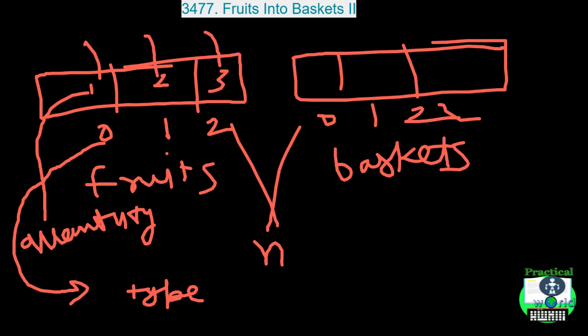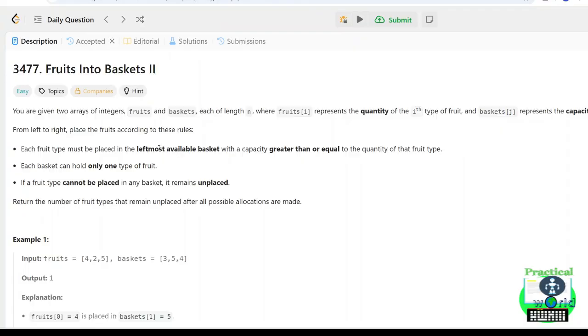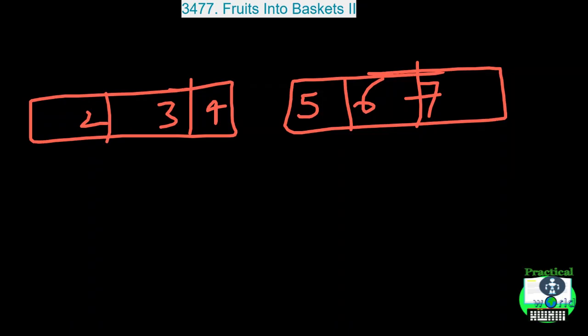And in the baskets array, each value represents the capacity of a basket. But there are some rules. The first rule is each fruit type must be placed in the leftmost available basket. So suppose we are at the first index, and now we check, can we insert 2 here? Yes, we can.